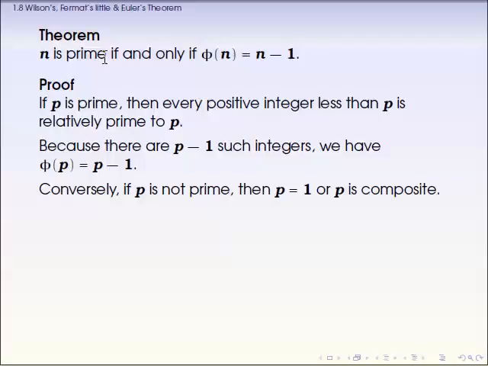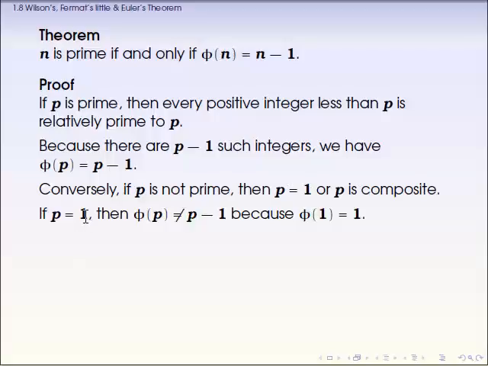So let's take the negation of that one. So n is not prime, then phi of n is not n minus 1. Okay, so if you can prove it, then that proof is also the proof of the converse of this statement, right? Okay. So let's assume p is not prime. Then p should be 1 or a composite number.